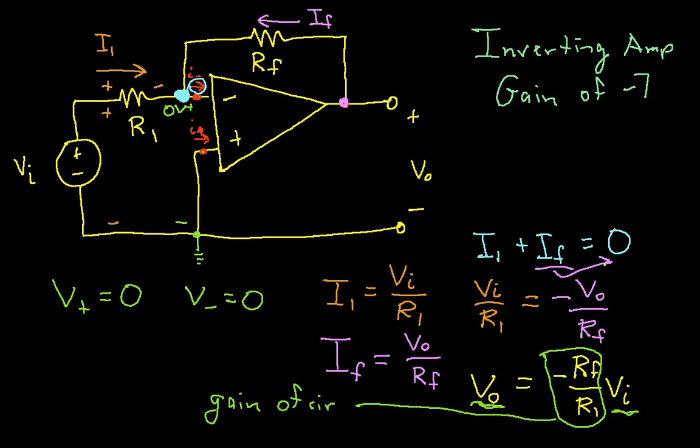Well, then what we would do is start with this circuit, that is an op-amp connected with R1 and RF as shown. We could arbitrarily choose a value for R1. So let's choose R1 equal to 1 k ohm. Then to get a gain of -7, we would need the ratio between RF and R1 to be 7, which says that RF would be 7 k ohms.